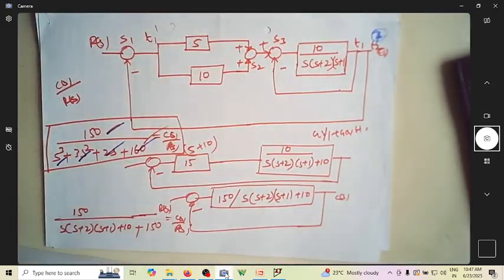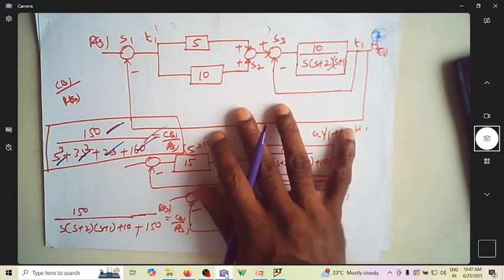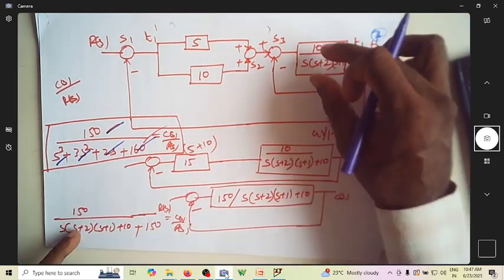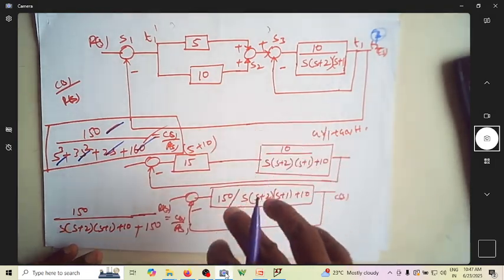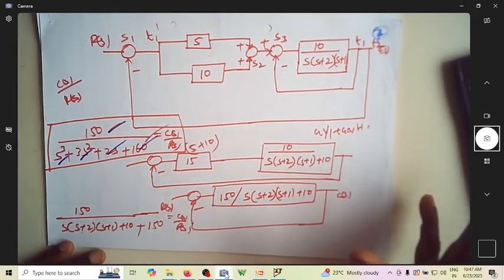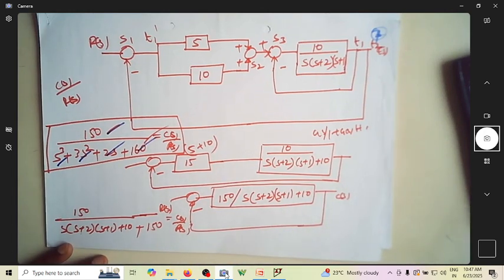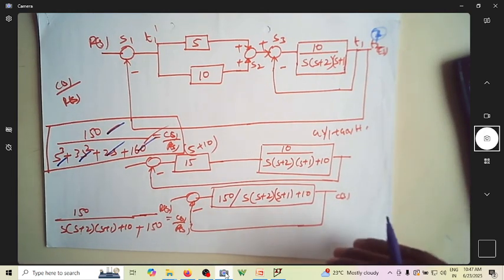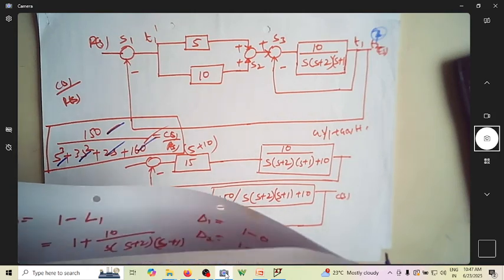So in this example, it is easy to get the transfer function without writing a signal flow graph. But in some cases, let us find in the next problem why it is so easy to use a signal flow graph to find the transfer function of a system.